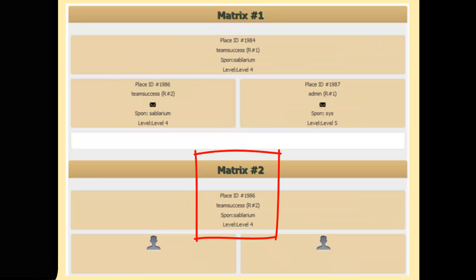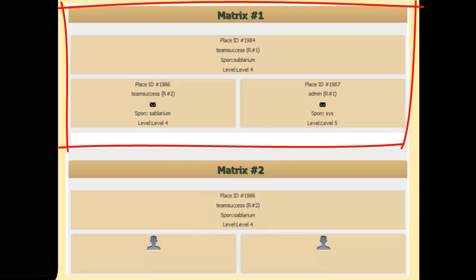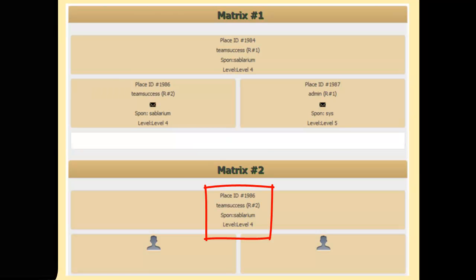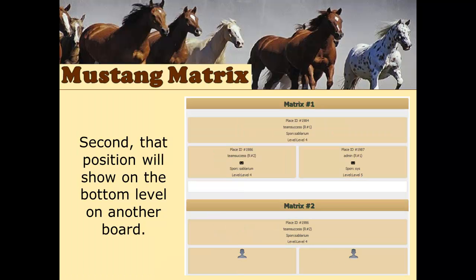Remember our matrix number 2? And you could see where the place ID position number is? Well, if you look at matrix number 1, you'll see that that matrix number 2 board, that position is also on the bottom level of matrix number 1 on the left-hand side. Does it always go under your own positions? No, it doesn't.